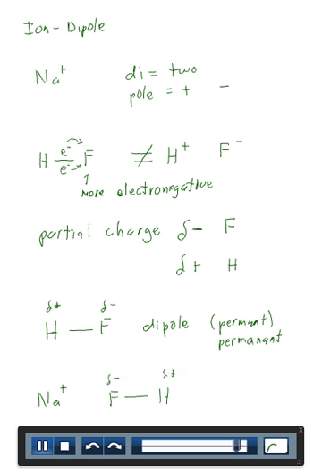And so there would be attraction between the partial negative charge of fluorine and the plus charge of sodium, since opposite charges attract. If I tried to put the hydrogen close to sodium, they're the same charges, positive and partial positive, and they would repel each other. So this is an example of an ion-dipole interaction.